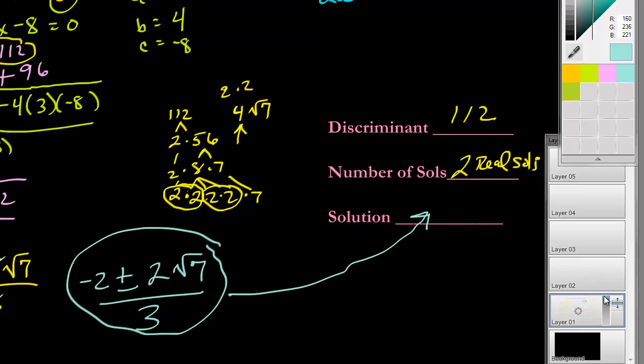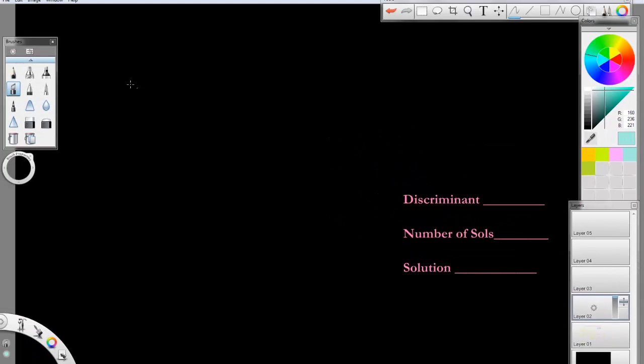Okay, now I know I'm moving along here, but I want to show you one other little example of something that might happen. Let's say you were doing a problem and you got all the way through it, and it came out to be maybe 7 plus or minus the square root of negative 23 over 6. Okay, let's say you had that. If you did, the discriminant on this, when you were starting to fill this chart in, would be negative 23.